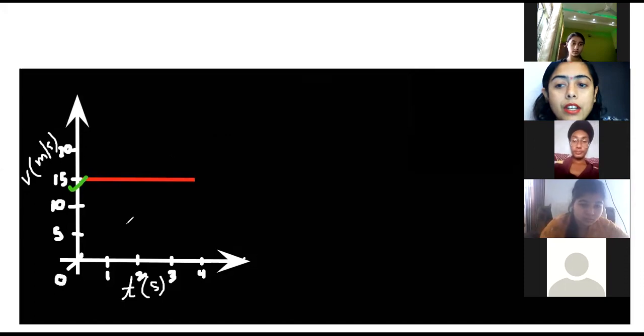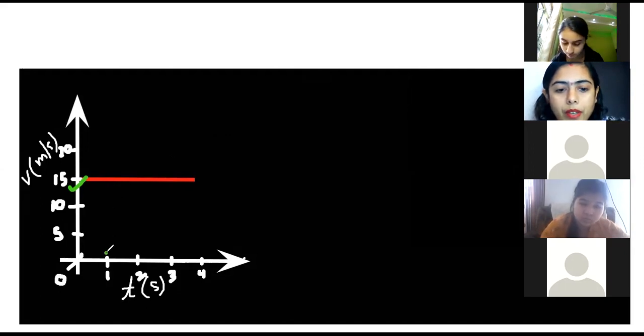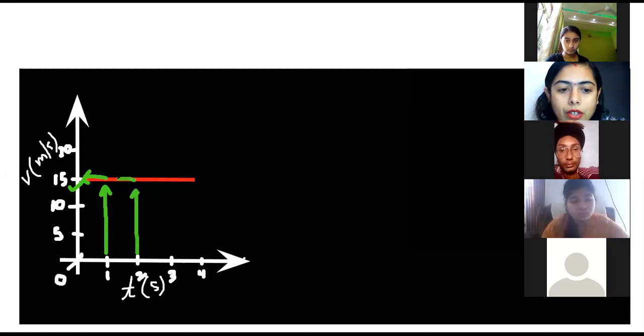Now which kind of motion is it? Is it uniform or non-uniform? Look, it is not rest because velocity is not 0. You have some velocity, some speed. Now is it uniform or non-uniform? With respect to time, when the time is 1 second, what is the value of velocity? It is 15. When the time is 2 seconds, check on the velocity axis, it is still 15.